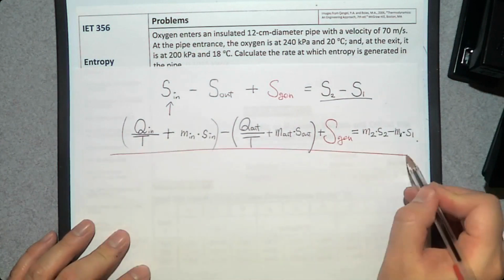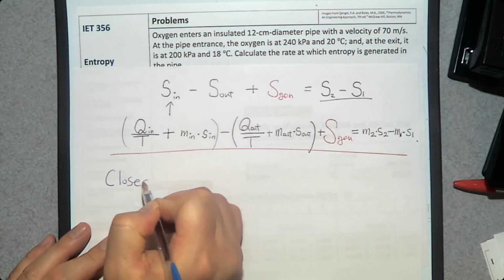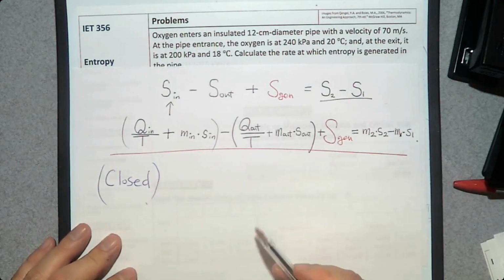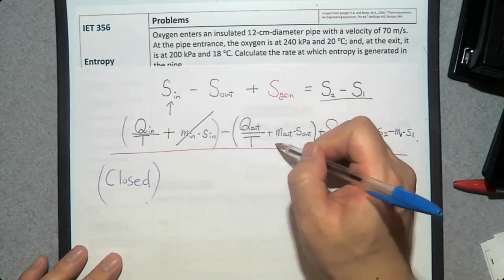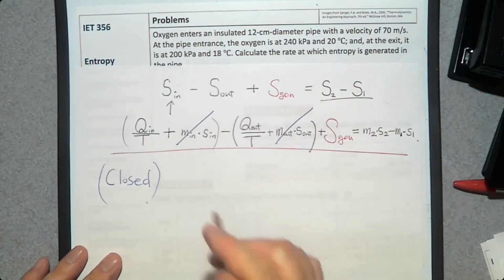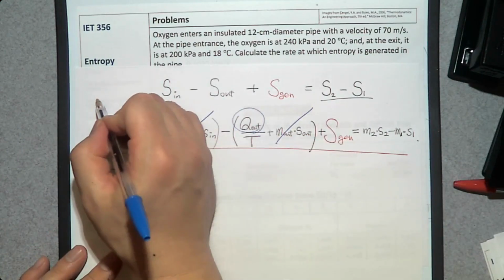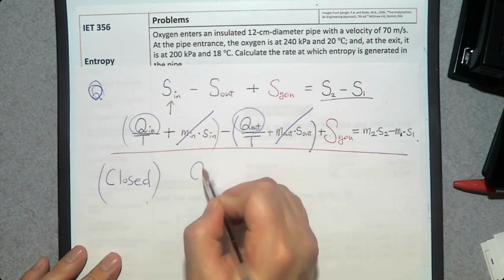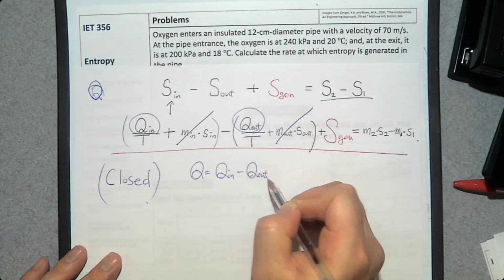To simplify that, we can consider a closed system. If you have a closed system, there is no mass entering or leaving the system. And we can combine Q in and Q out. Say net heat transfer Q is Q in minus Q out.